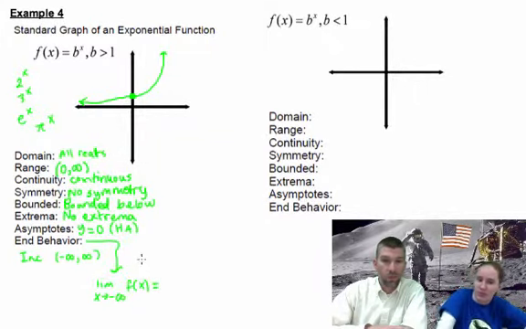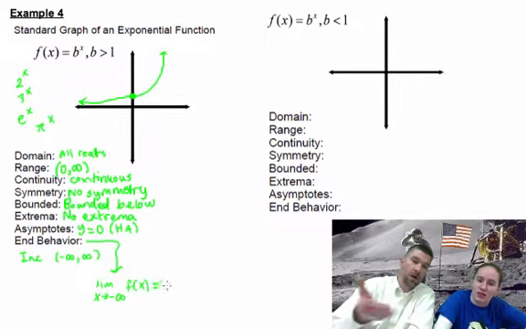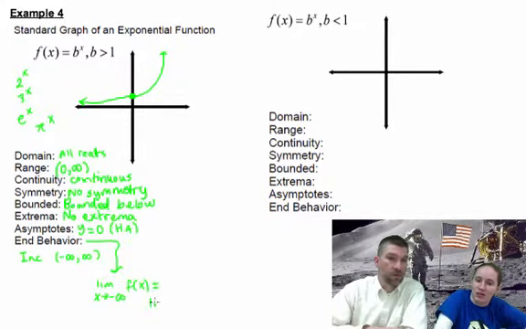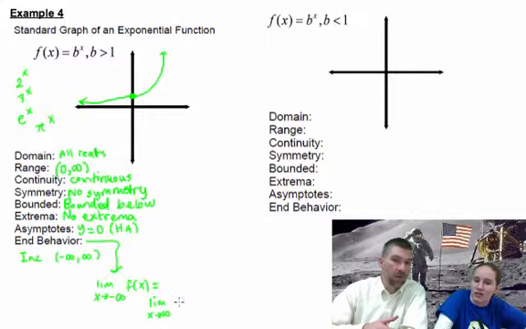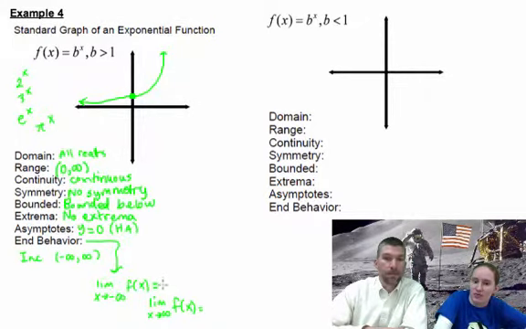Do we want both ways? If you go towards negative infinity, that's your horizontal asymptote, which would be 0. In this case, it's okay to look at the side that's going up. When we go towards negative infinity, it's going towards 0. When we go towards positive infinity for x, we're going towards positive infinity. That's how it goes.